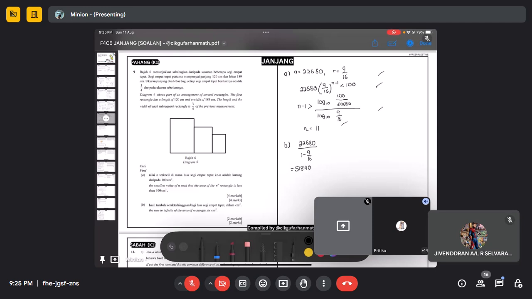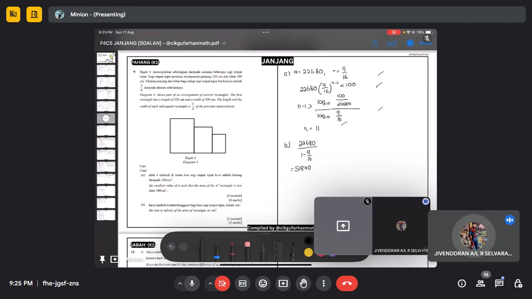So Jimmy can explain this. Okay, so for A, they're asking for the smallest value of n where the area of the nth rectangle is less than 100 cm squared. So basically, they're asking us to find n. Since they say less than, we can write Tn is less than 100.